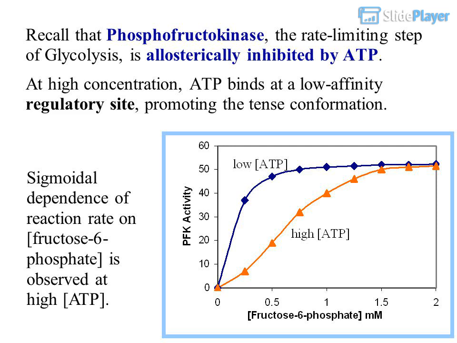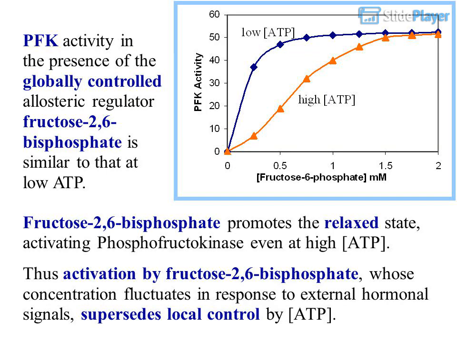Recall that phosphofructokinase, the rate-limiting step of glycolysis, is allosterically inhibited by ATP. At high concentration, ATP binds at a low-affinity regulatory site, promoting the tense conformation. Sigmoidal dependence of reaction rate on fructose 6-phosphate is observed at high ATP. PFK activity in the presence of the globally controlled allosteric regulator fructose 2,6-bisphosphate is similar to that at low ATP.